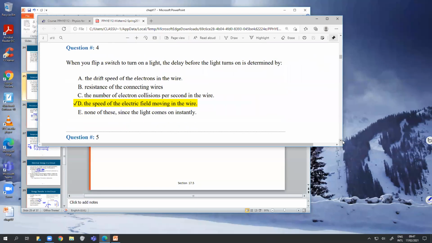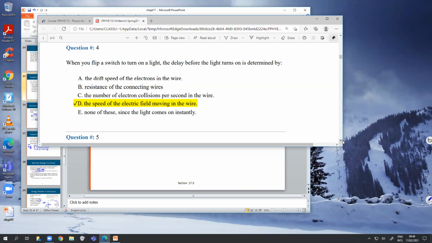We saw in the simulation that you don't need the electrons from the battery to make a complete journey back to the battery for the light to turn on. What is needed is for the electric field to reach the electrons already in the bulb. So what is determined is the speed of the electric field. The answer is D.